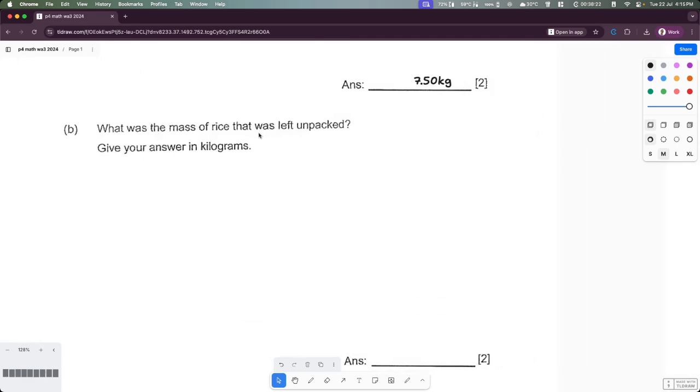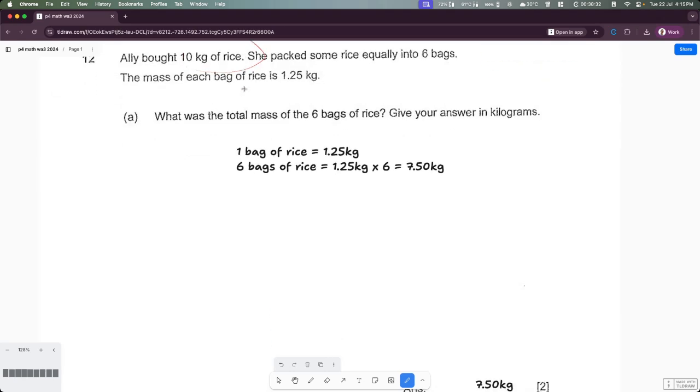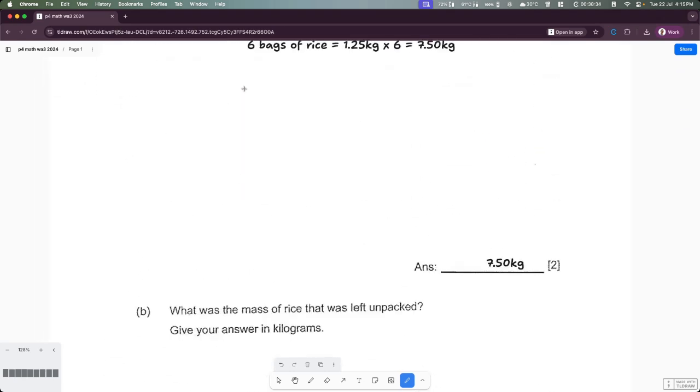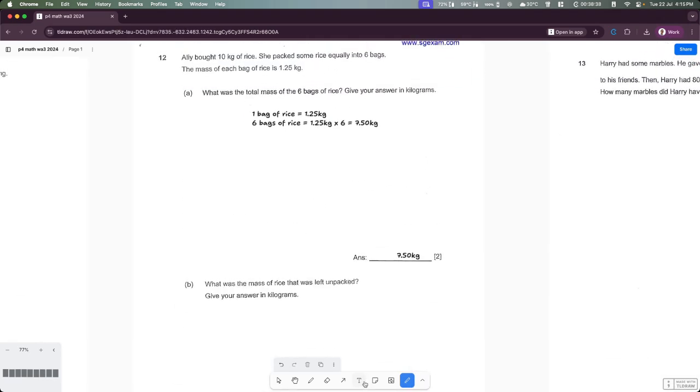Okay, next question. What was the mass of the rice that was left unpacked? They've packed 7.5, but this is not the whole rice because Ali bought 10 kg. So what we need to do is just minus. Total we have 10 kg, and packed we have 7.50 kg.